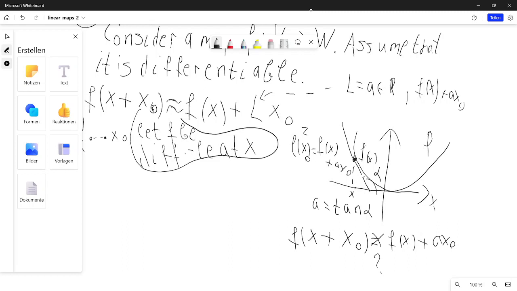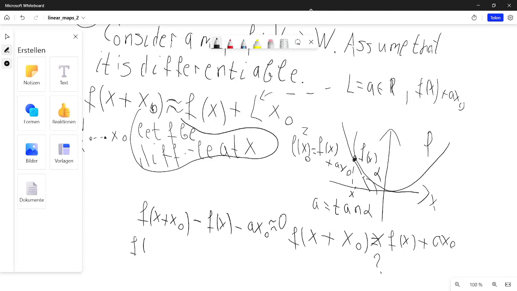But here we don't have equal. We have approximately equal, which means that this is approximately equal to 0. So this is not 0, but it's approximately equal to 0.